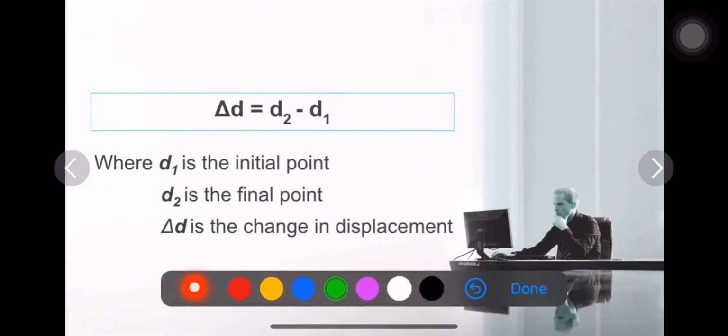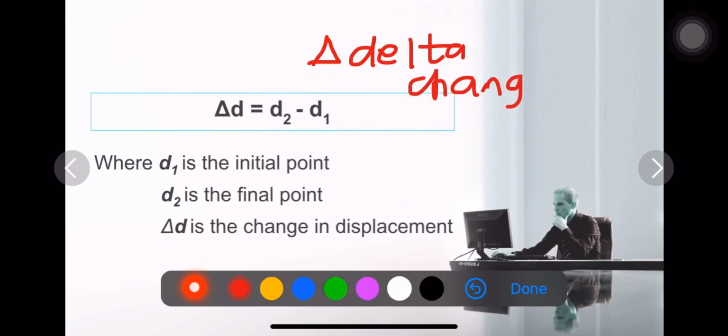In order for us to get the displacement, we will use this formula. We have delta D. The triangle there is the Greek letter delta, which means change. Delta D is equal to D sub 2 minus D sub 1.